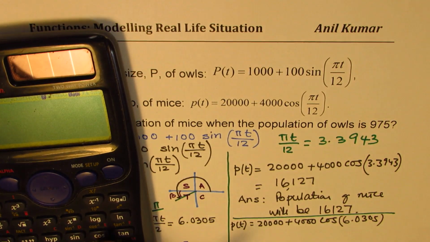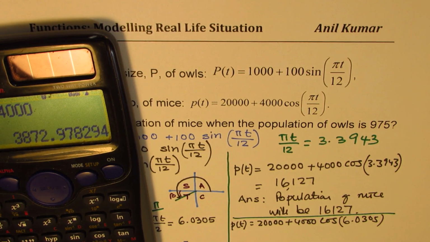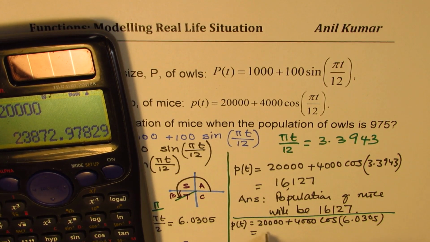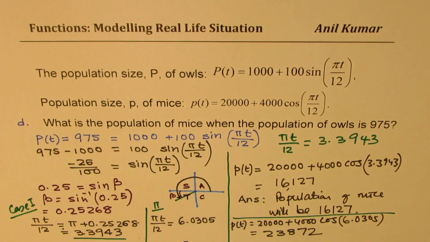So we'll do cos of 6.0305, multiply this by 4,000, and then add to 20,000. So what we get here is equal to 23,873, right?